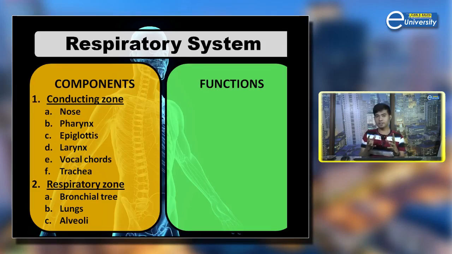While the respiratory zone is made of the bronchial tree, the lungs, and the alveoli. So nowadays, the respiratory system is divided into conducting and respiratory because in the conducting zone, air is being inhaled from the environment, while the respiratory zone is the area of the respiratory system where the gas exchange occurs.